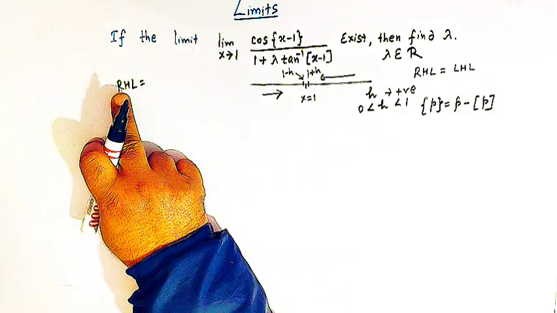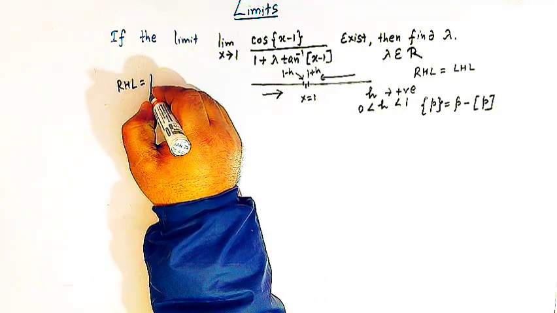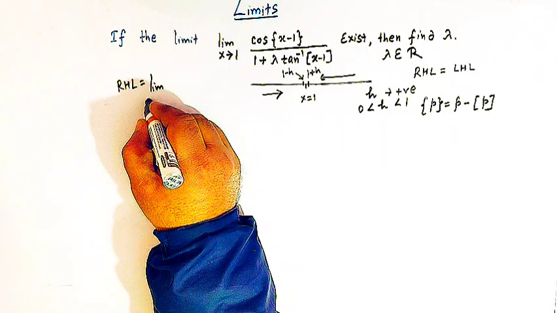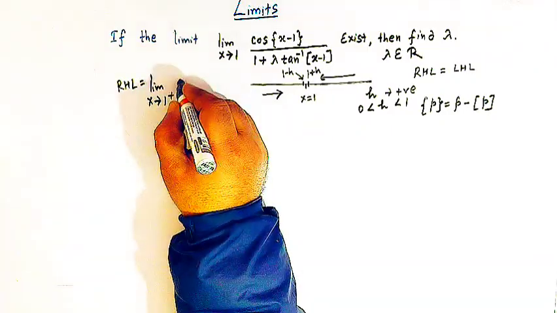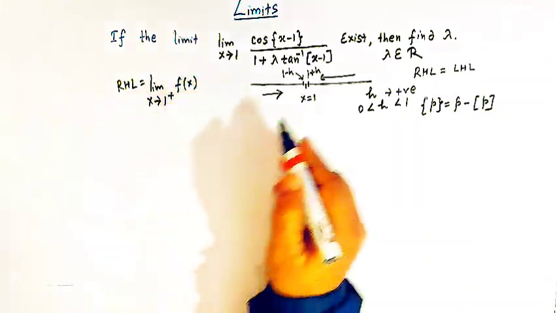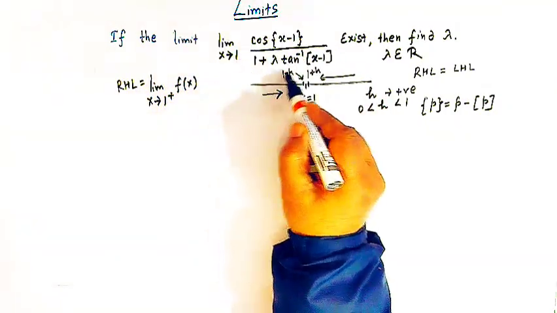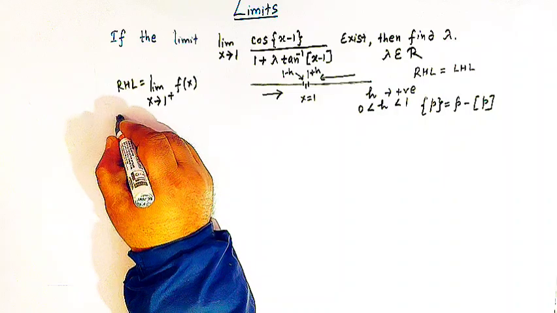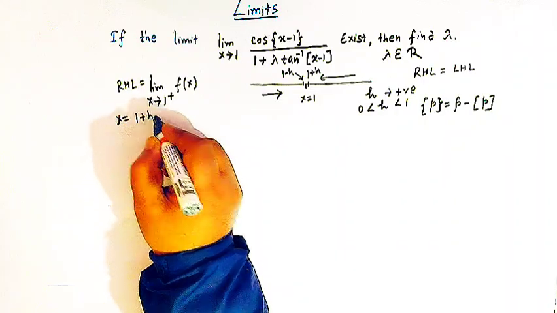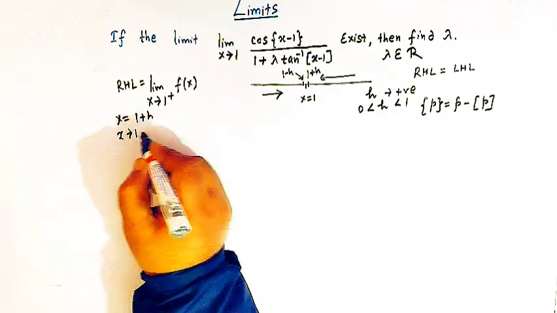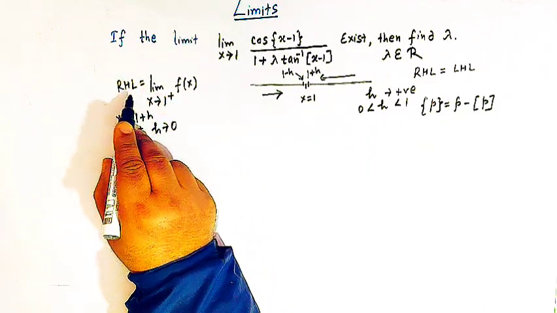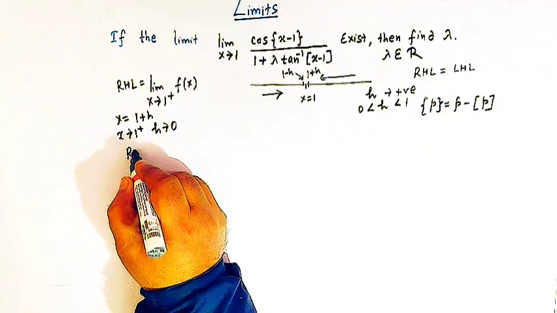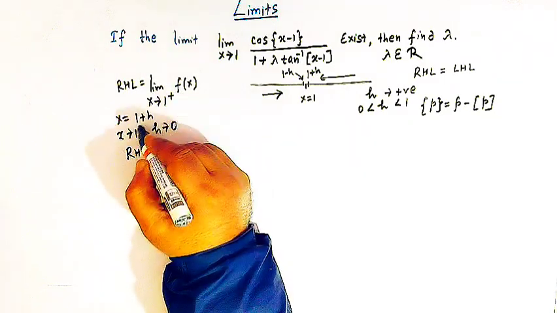The notation for the right hand limit is x tends to 1 with a positive sign, and here we have f of x, where f of x is this function. We'll take x equal to 1 plus h, and when x tends to 1, then h tends to 0. So we can now transform this limit in terms of h.